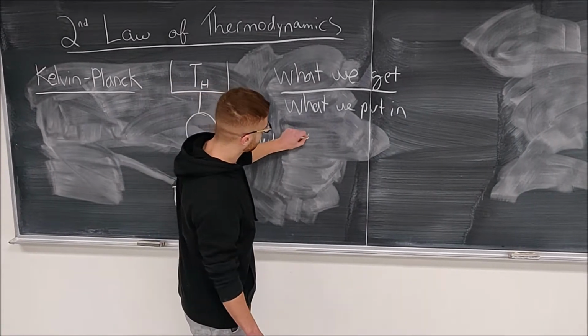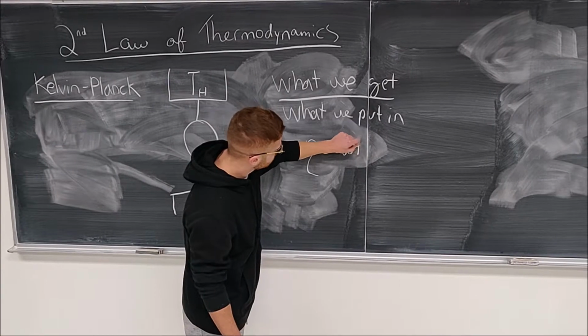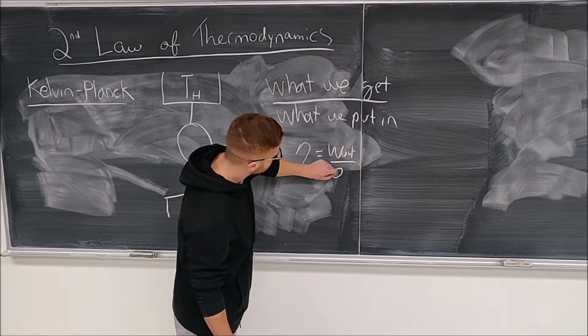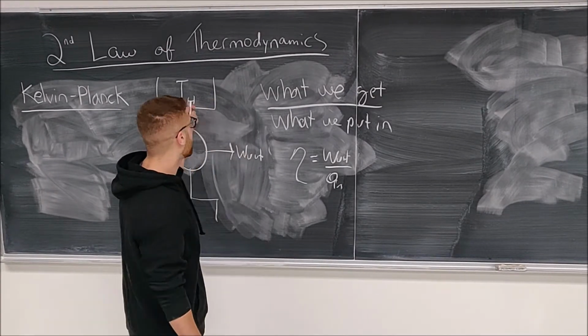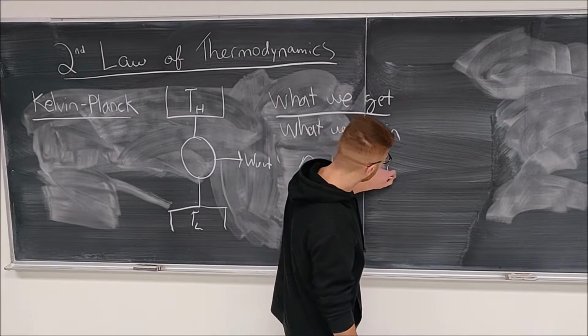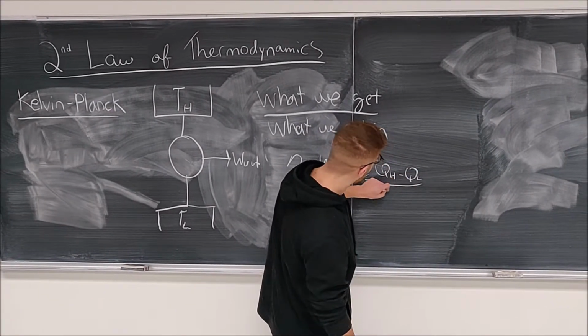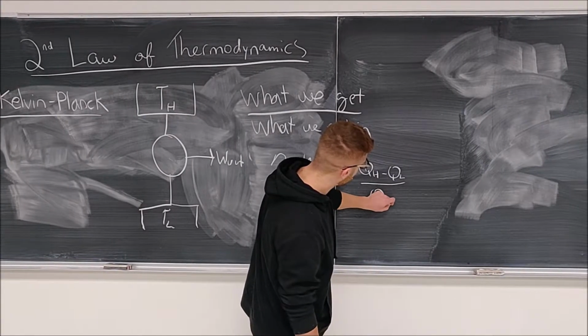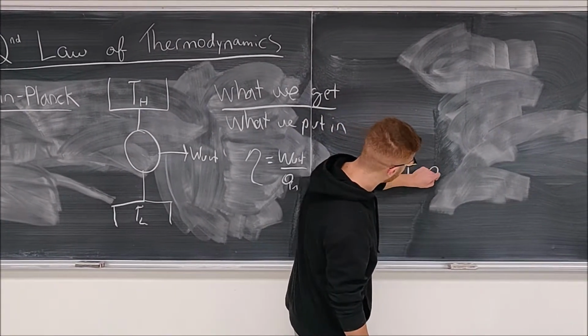So efficiency is equal to work out over Q in. And we also know that work out is our high temperature minus our low temperature. So we can derive that into QH minus QL over QH, which then simplifies into 1 over QL minus QH.